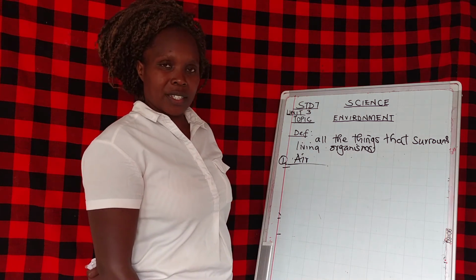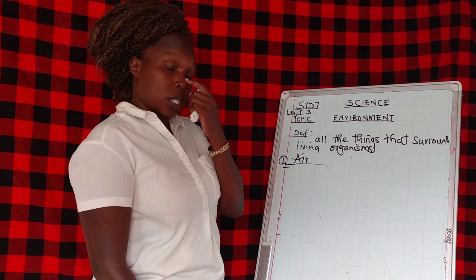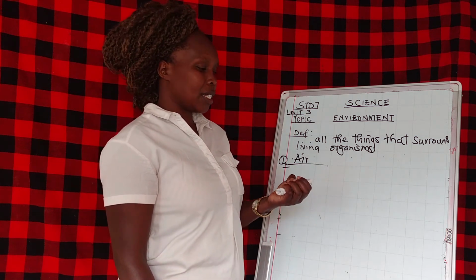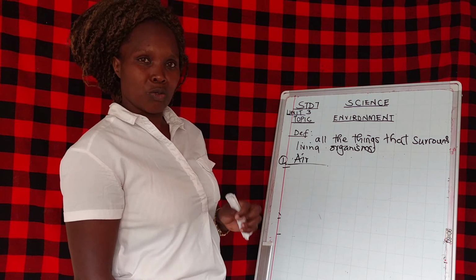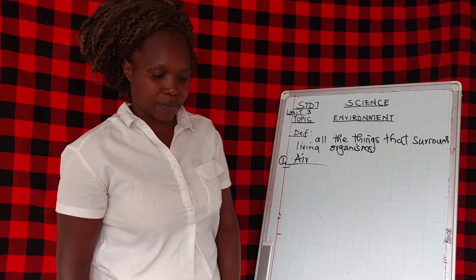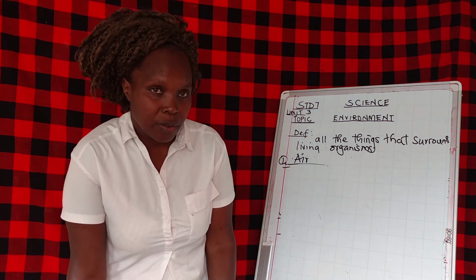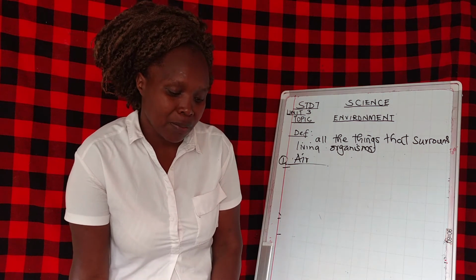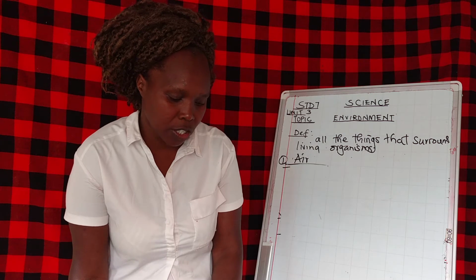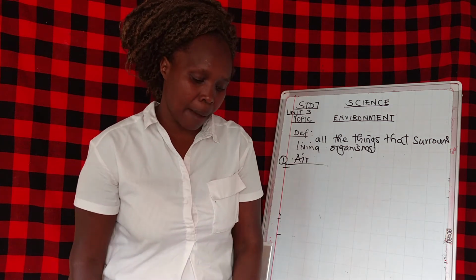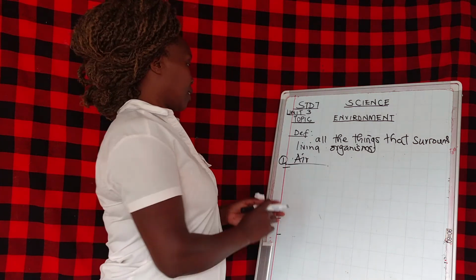What are nodules? If you uproot a bean plant, you can see some small ball-like structures in the roots. Those are called nodules.